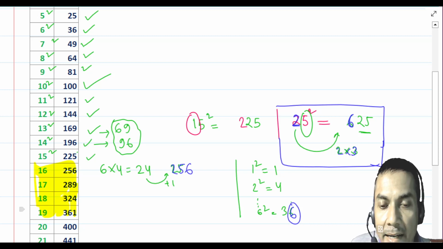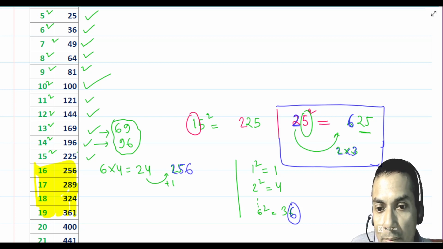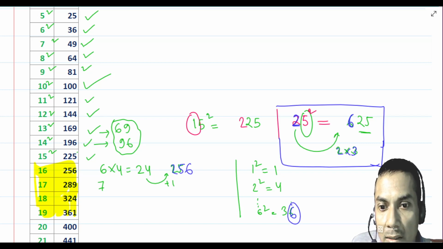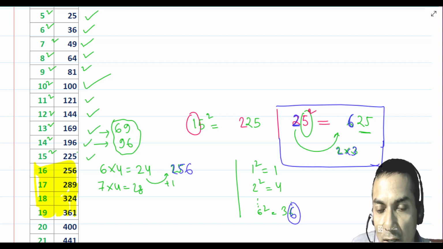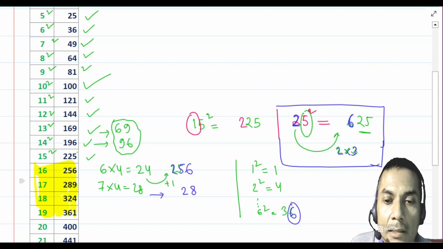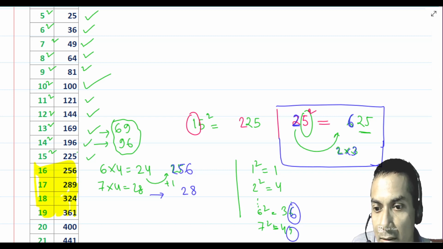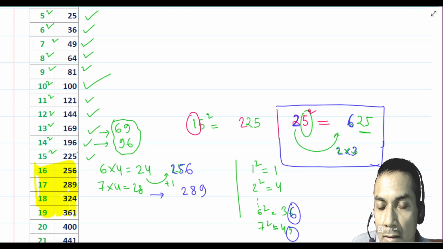But for 17, 18, 19 no need to plus 1. You simply use 7 into 4, you get 28, and put the unit place value. 7 square is 49, so the unit place is 9, so put the value 9 here. Clear?